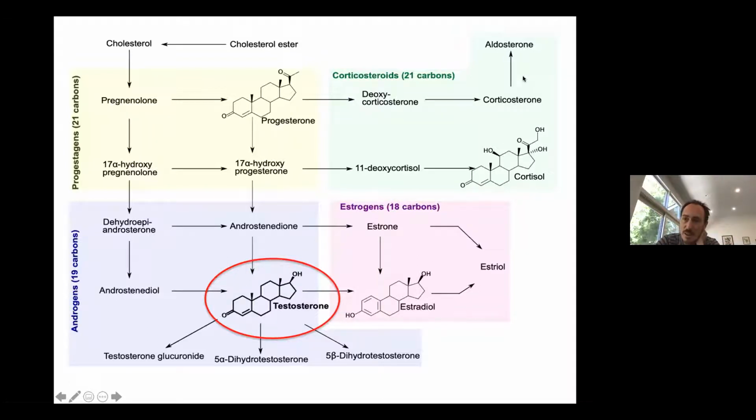There's also a bunch of other familiar molecules on this, so cortisol here, estradiol, and other estrogen-related molecules here. So there's a bunch of important molecules that come out of this pathway. And again, everywhere there's an arrow here, we know what the key genes are that catalyze those steps.